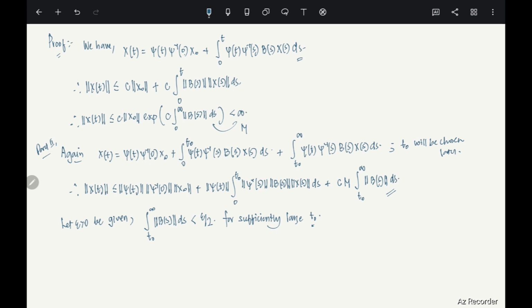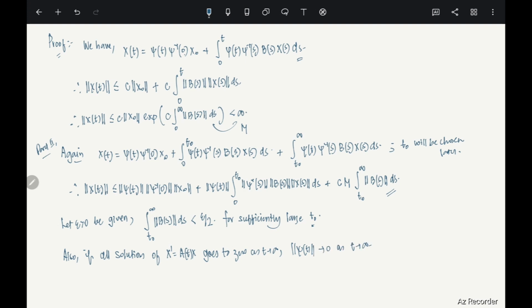see that also, if all solutions of x prime equals A(t) times x go to 0 as t tends to infinity, then this is trivial, right? Norm of phi t goes to 0 as t tends to infinity.